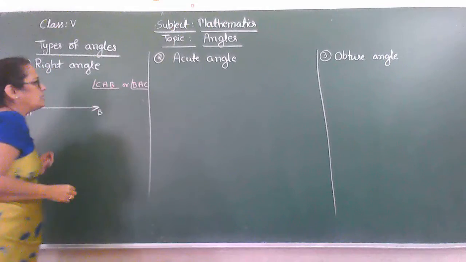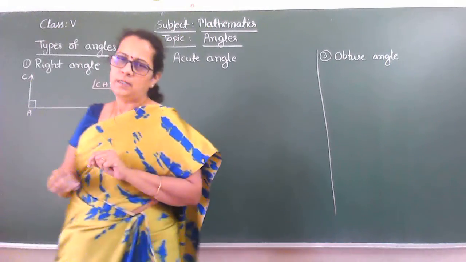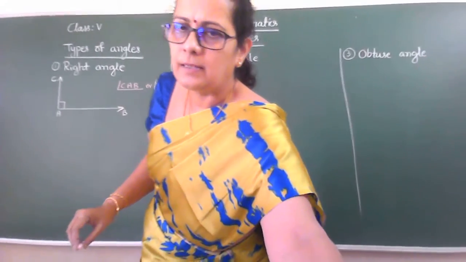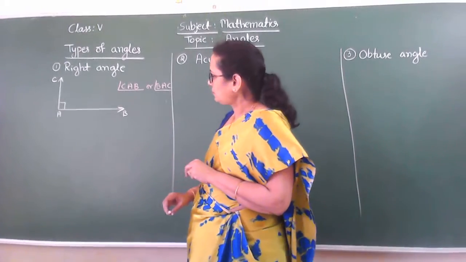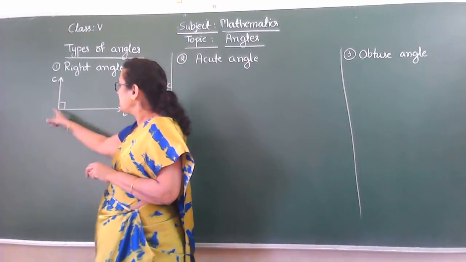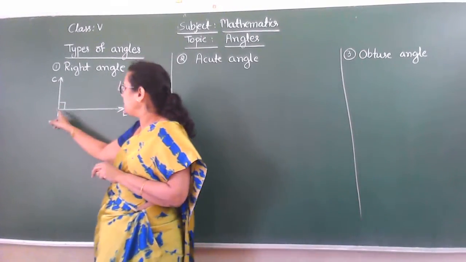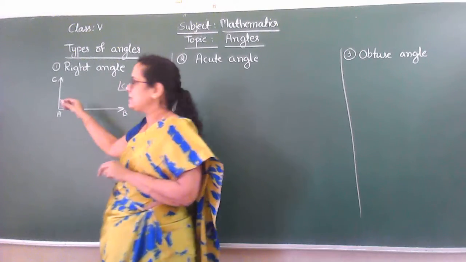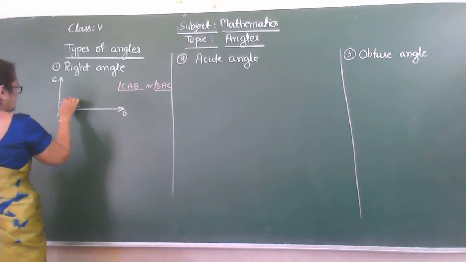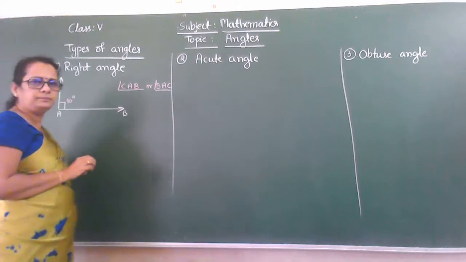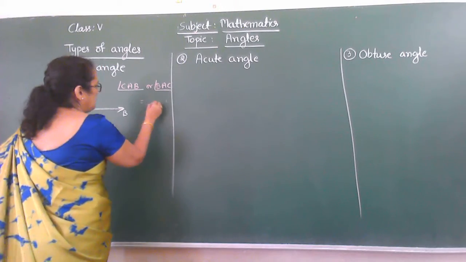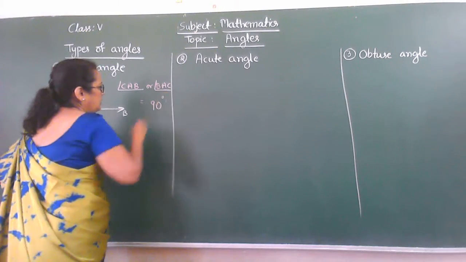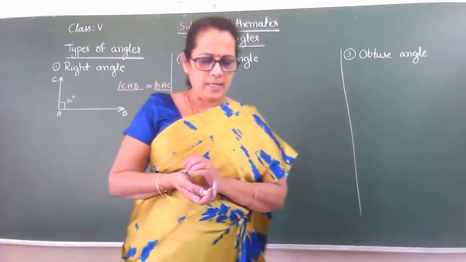Both the ways you can represent the angle. Now, here CAB or BAC, this angle is 90 degree. How do you write it? 90 and degree. It is 90 degree.